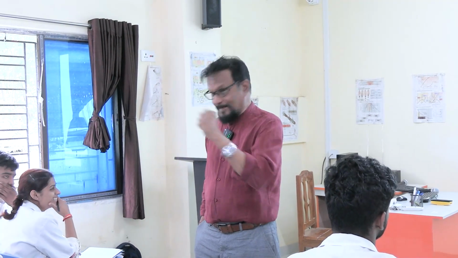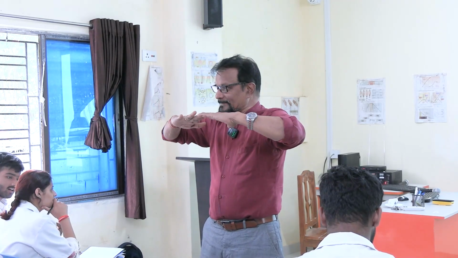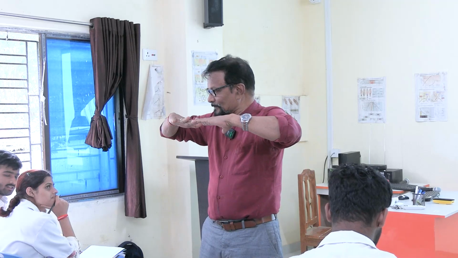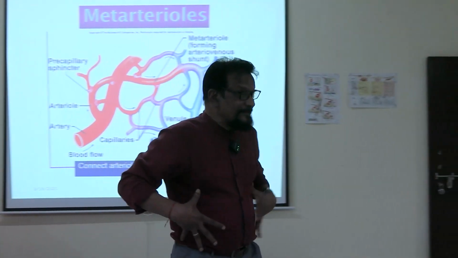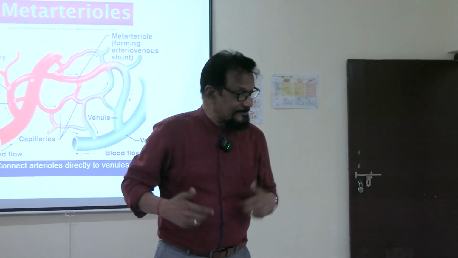There are two mechanisms. One is the heat loss mechanism, another is the heat gain mechanism. So body temperature is increased. Okay, so I have to increase the heat loss mechanism. Now, how can we increase the heat loss? Body temperature means core temperature has increased.